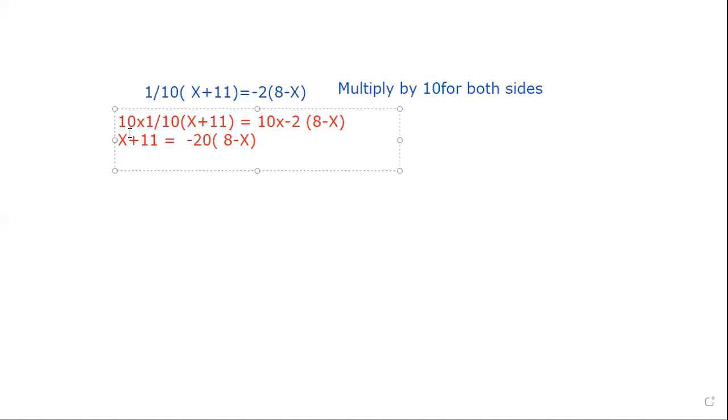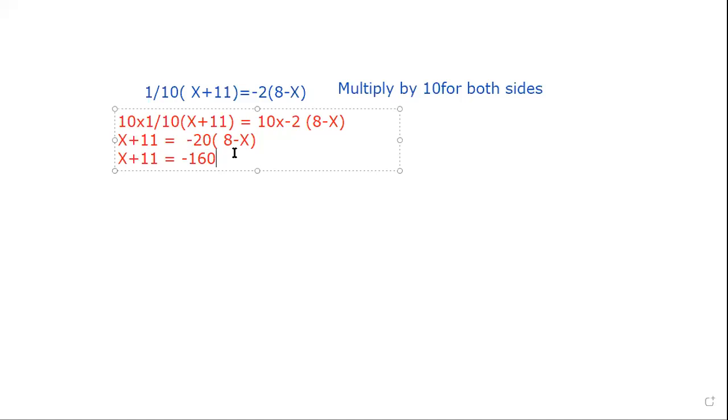Next, what is the next step, grade 8? Distribute the other side, which means we will multiply negative 20 by 8. It will be negative 160. And the next one, negative 20x, minus 20x. Again, what did you say? Minus 20x.